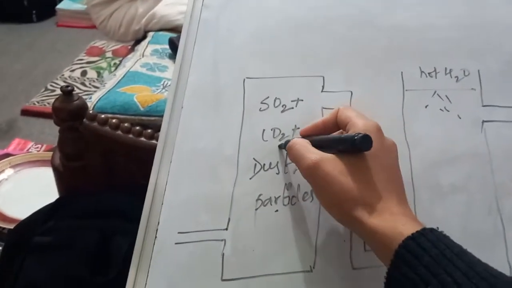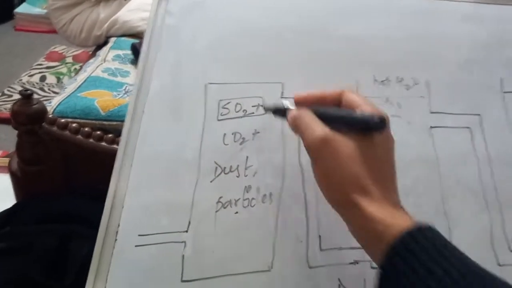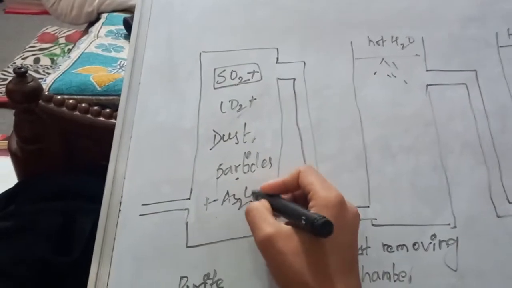Next, we have removed dust particles and CO2, and now we have to get the purified SO2. But here there is again one more ingredient, arsenic oxide.